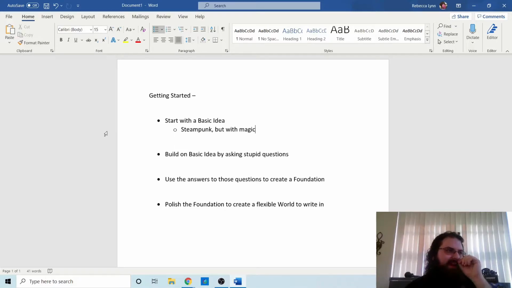And what I mean by that is, if that's all that you're working off of, you don't really know how the universe that you are writing in functions. And it's important for you, at least as the author, to have an idea, even if a very basic one, of how that works.